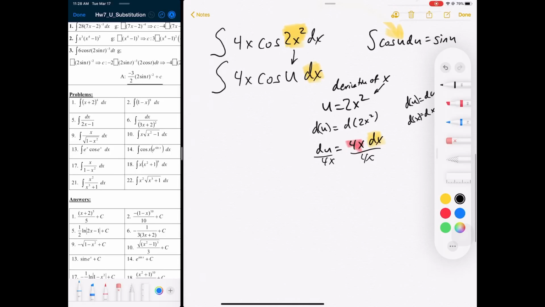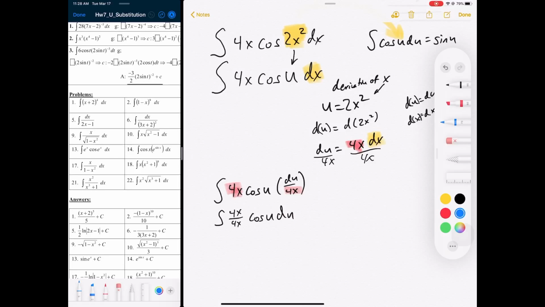The integral of 4x cosine of u du over 4x. What divides out? The integral of 4x over 4x cosine of u du.